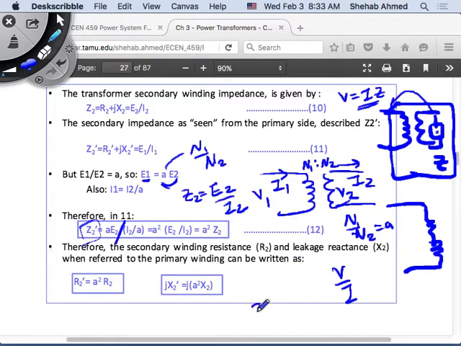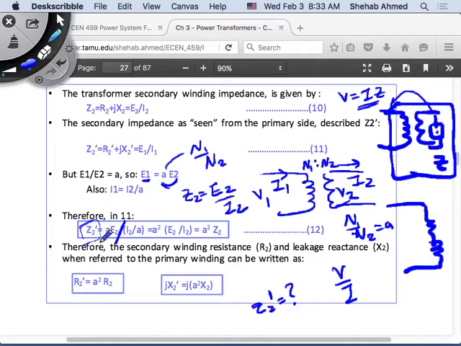Z2 prime is what I would like to find out, the impedance referred to the primary side. So Z2 prime is equal to putting this thing in the black box and looking at what voltage and current I have on the primary side, and dividing them by each other to get the impedance that is equivalent to the impedance I have on the secondary side.